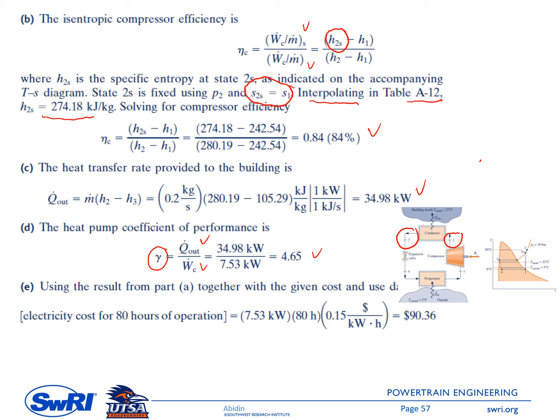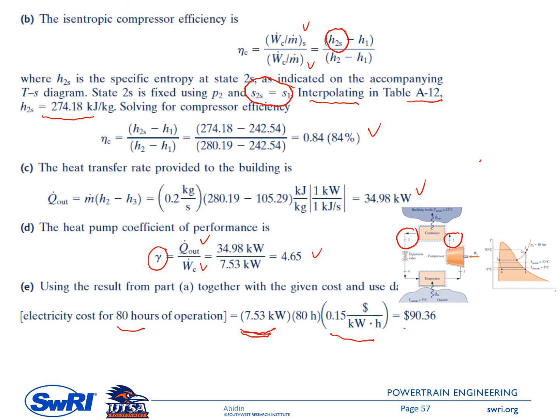Okay. And then the last question is using the result from part A together with the given cost data. So the data, I believe for 1 week it operates 80 hours, and the electricity cost is 15 cents per kilowatt hour. So this is the compressor work.